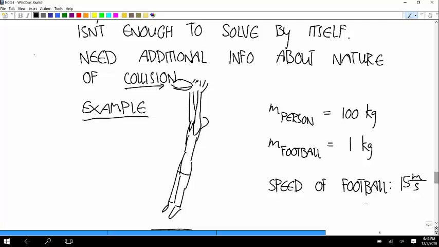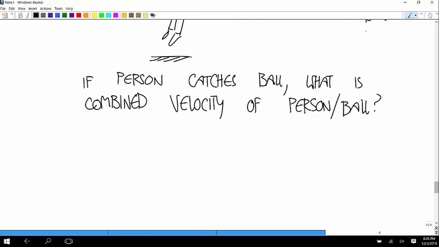So instead, let's take a view from above. Yes. That's important because otherwise there would be a net force from the ground. You know, friction would be keeping the person from moving back. Like if someone throws a football at you hard and you're standing there, as long as you stay standing up, you don't go anywhere.